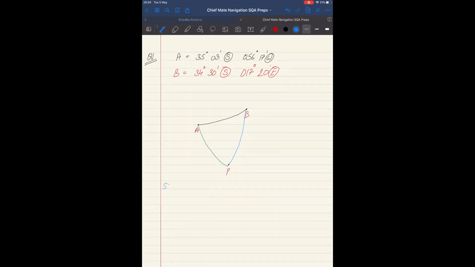So step 1, I would say we always need to do this step. Step 1 is to calculate the initial course.